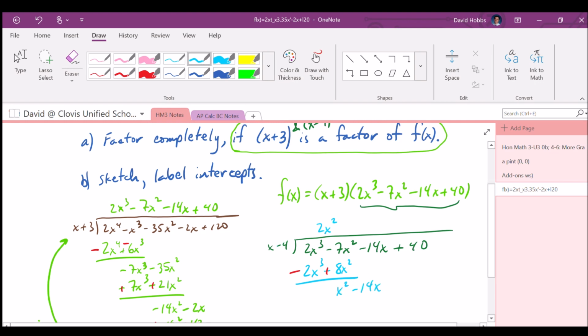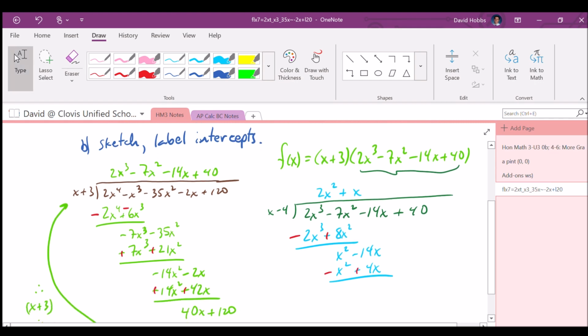What times x gives x squared? Well, just plus x. x times x is x squared. x times negative 4 is negative 4x. Distribute a negative, and we get negative 10x. And bring down the last term.